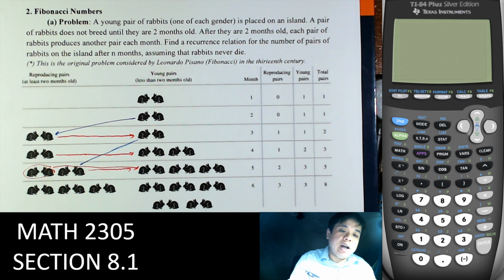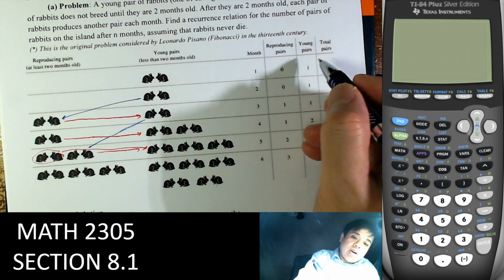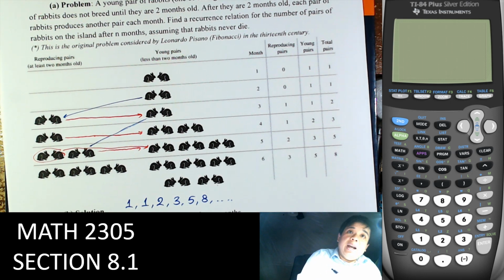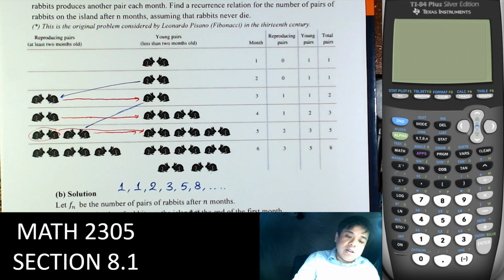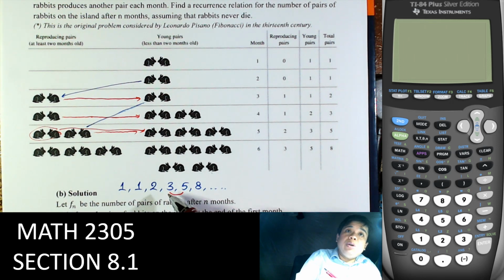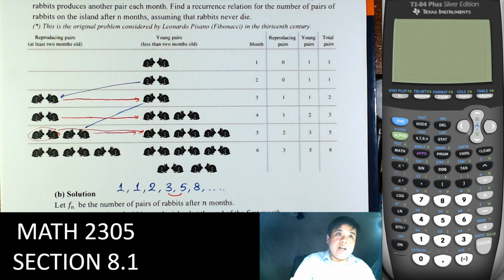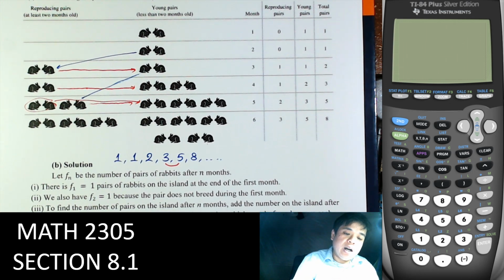We just keep doing that. With that, we can summarize this as 1, 1, 2, 3, 5, 8 and so on. Pretty much every number is the sum of the previous two, which gives us the next. So this is the Fibonacci sequence.